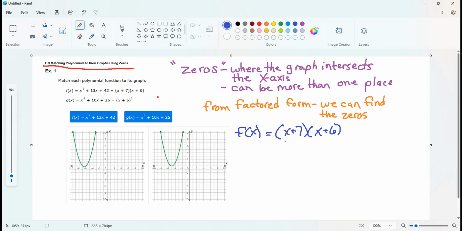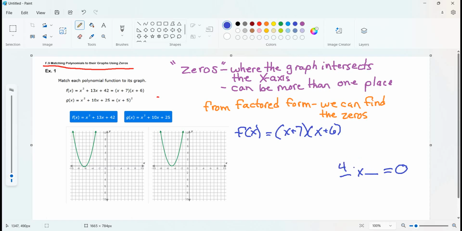So from factored form, what we know is that when you have two things that are being multiplied together, like say you have this number times this number, and we don't know what they are. If it equals 0, what we know about getting a 0 answer is that one of these guys has to be 0.